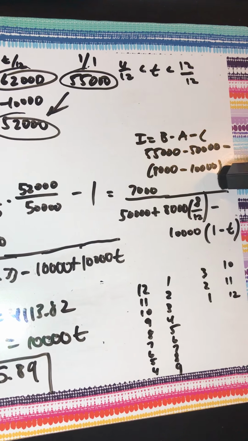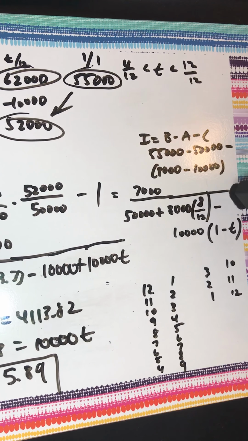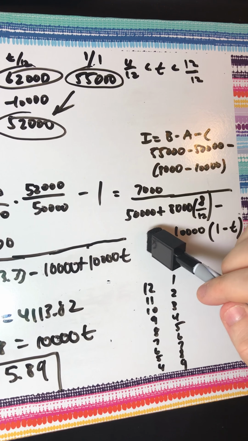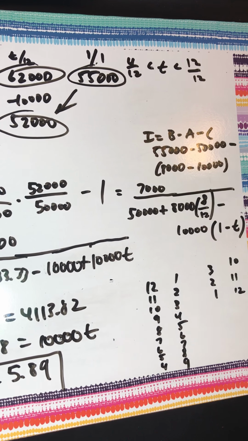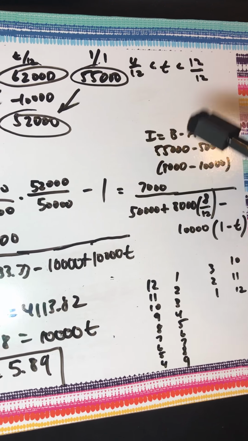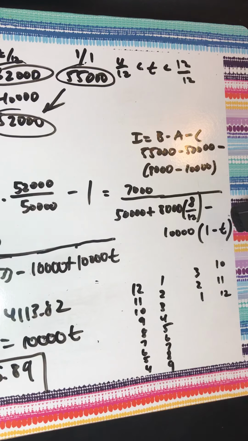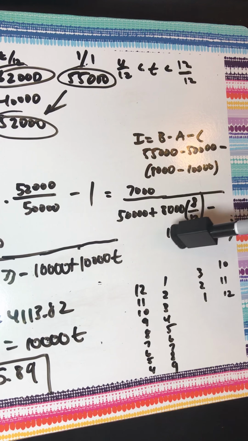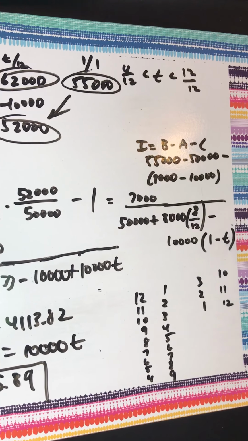Doing just simple algebra gives us 7,000 as our numerator, divided by our initial balance, 50,000, plus our cash flows, taking into account the simple interest. So for our 8,000 in May, I have an 8 divided by 12 here, minus 10,000. Since we do not know the time, we just say 1 minus t.